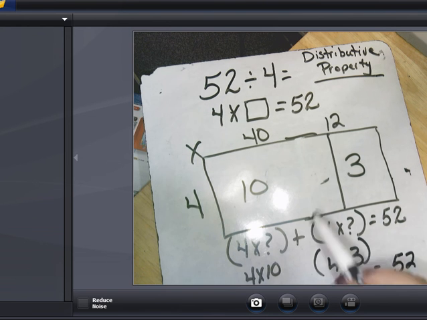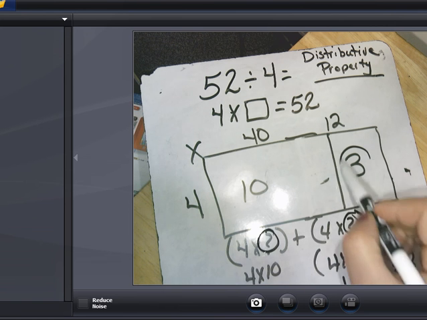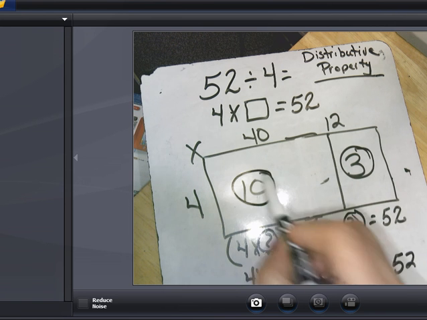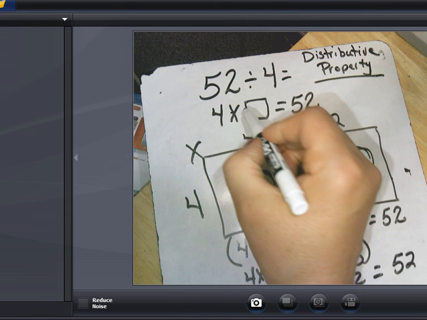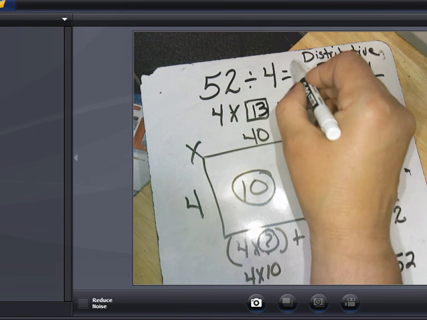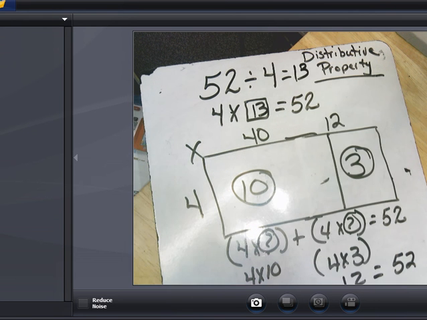Now, what did I put to get those squares? Well, I took a 3 and a 10, and if I do 10 plus 3, I get 13. My answer, my value of it, is 13. 52 divided by 4 equals 13. This is one way to work a division problem.